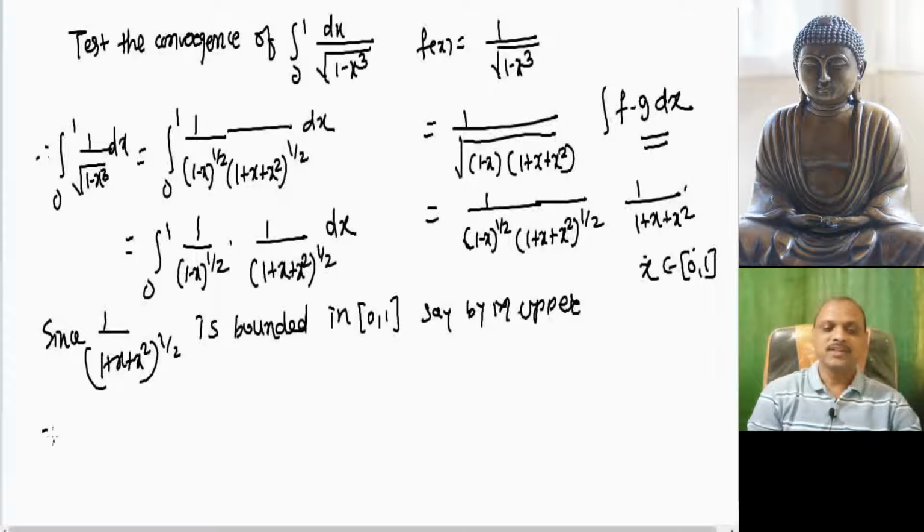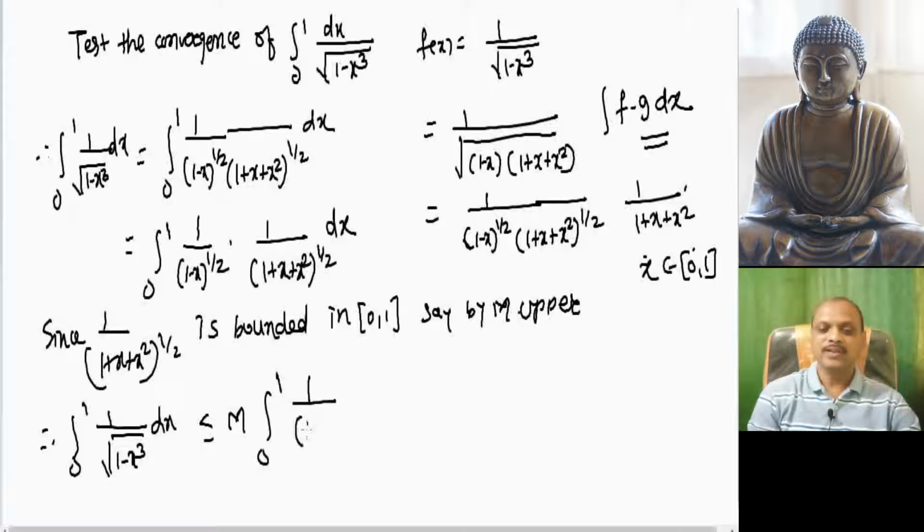Therefore, this integral 0 to 1 of dx divided by under root of 1 minus x cube will be less than or equal to M times integration 0 to 1 of dx divided by (1 minus x) whole raised to 1 by 2.